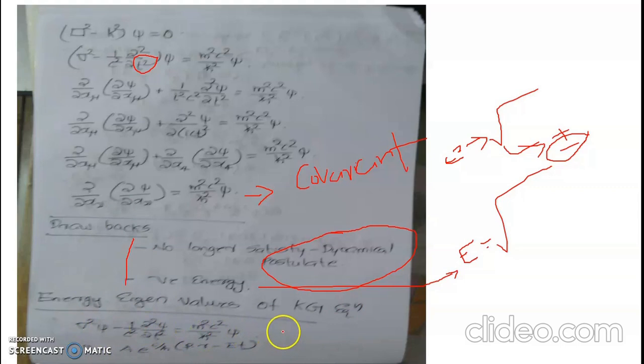This equation has a homogeneous part, that is the D'Alembertian psi equal to 0, which is basically a plane wave equation, and the solution is an exponential, a e raised to i by h cross into (p dot r minus Et), where p is the momentum and E is the energy.